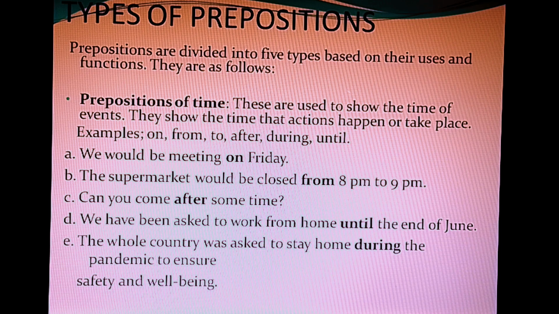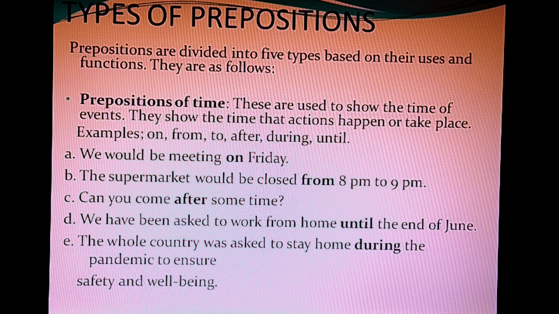Types of prepositions. Now, we just finished uses of prepositions, 5 uses of prepositions. Now we are looking at the types of prepositions. Prepositions are divided into 5 types based on their uses and functions. Now, these 5 types, 4 are major while 1 is minor.